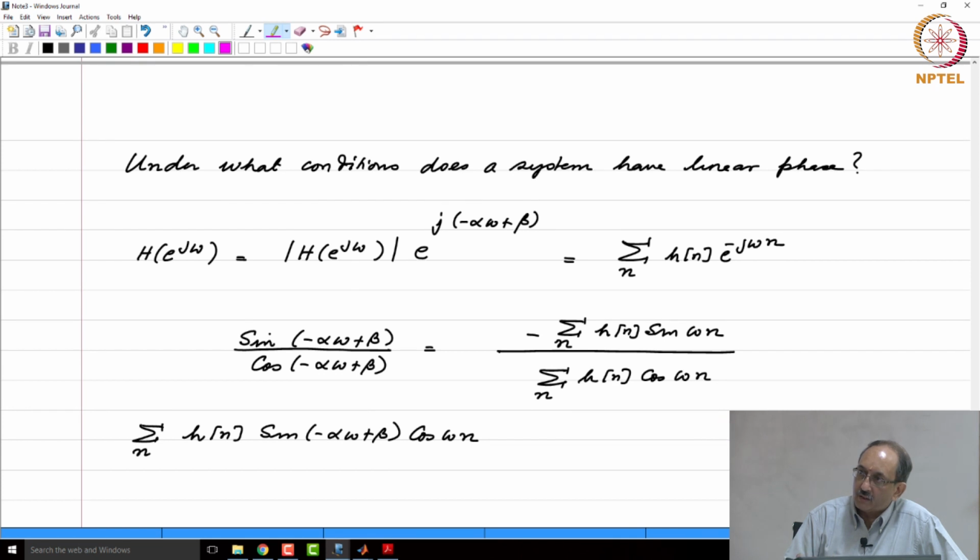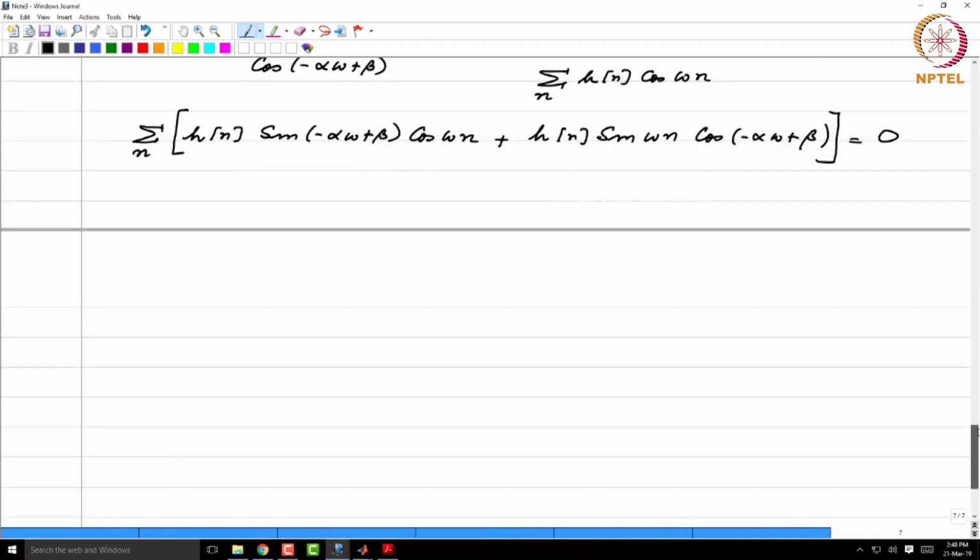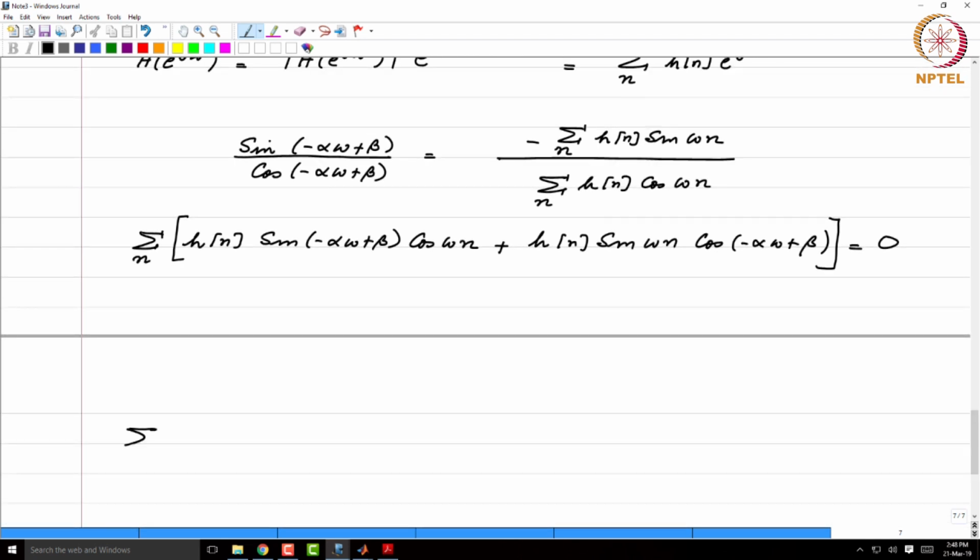I will take the right hand side to the left hand side, and because of the minus sign here, I will get a plus sign here, and this will be nothing but h of n sin omega n cos of minus alpha omega plus beta. This must be 0. Cross multiply and collect all terms to one side. So, this is sum over all n, h of n.